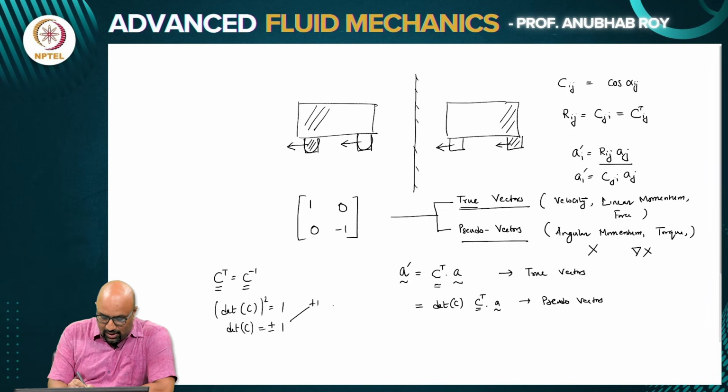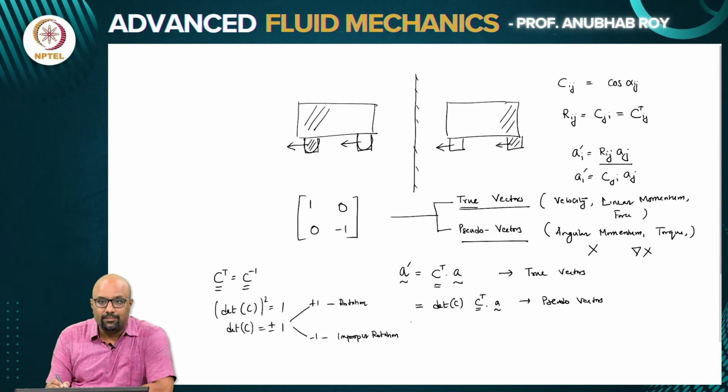So, plus 1 signifies rotation, whereas minus 1 is reflection, or what will generally be called an improper rotation, which means you are doing a combination of rotation and reflection. So, the negative sign for that determinant comes about when you are doing a reflection. You can see this from the simple reflection matrix that I wrote down, 1 0 0 minus 1.